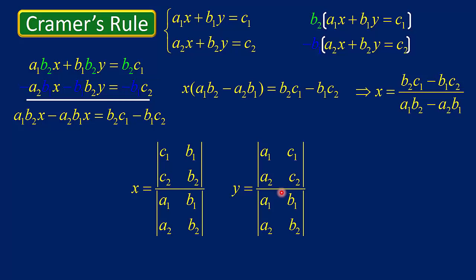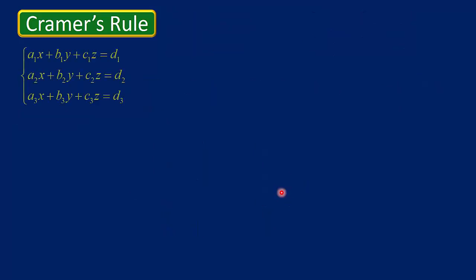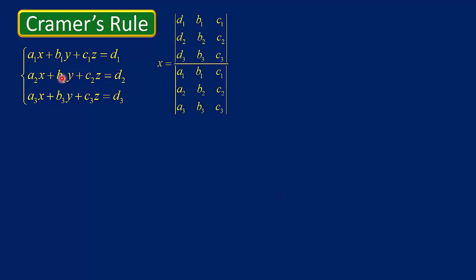Now, we can generalize that to more than just a 2 by 2, you know, 2 equations, 2 unknowns. We could go 3 equations, 3 unknowns. Heck, we could go 10 equations, 10 unknowns. Cramer's rule would work for all of those. So let's generalize this. Notice for this 3 by 3 system, we have on the bottom the coefficients A1, B1, C1, A2, B2, C2, A3, B3, C3.